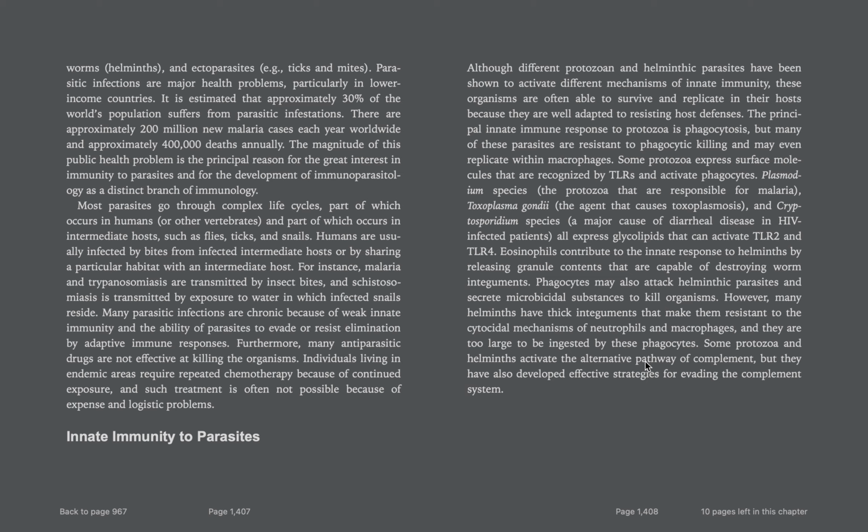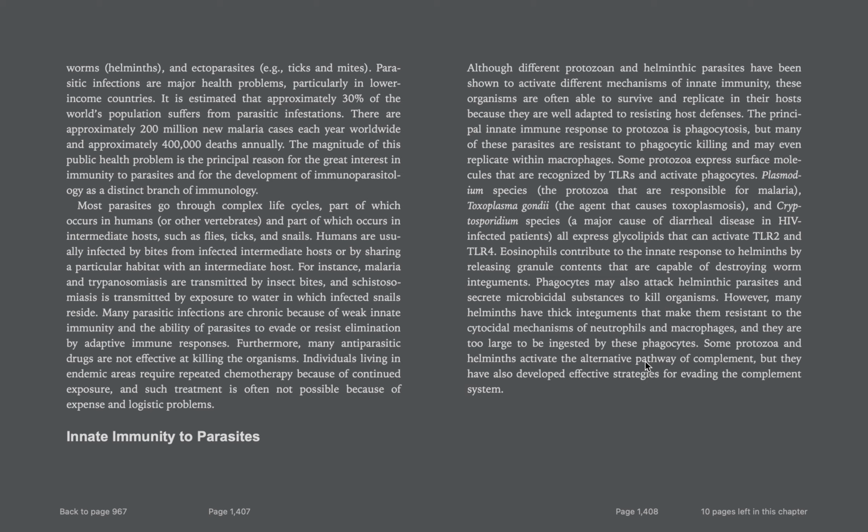There are approximately 200 million new malaria cases each year worldwide, with approximately 400,000 deaths annually. The magnitude of this public health problem is the principal reason for the great interest in immunity to parasites and for the development of parasitology as a distinct branch of immunology.